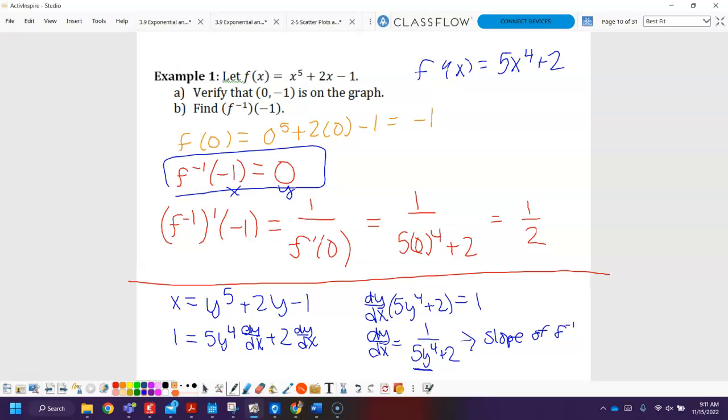The derivative of the inverse at 2 means that the 2 is really the y value of the original. So I don't know x. So what I have to do in this example is find x, knowing that 2 represents y. So I have to take the original function and set it equal to 2 and solve for x.